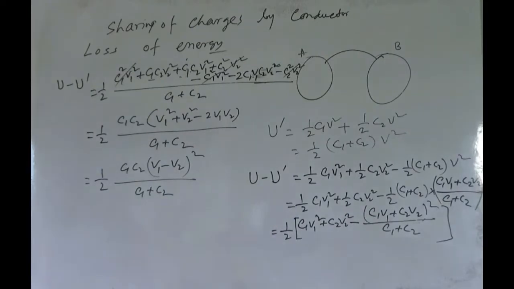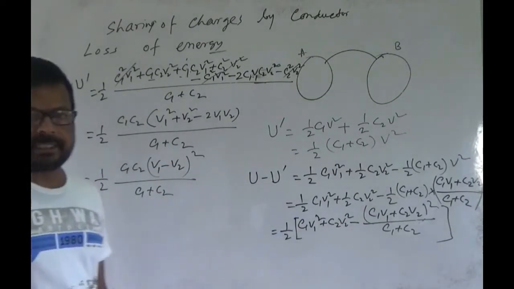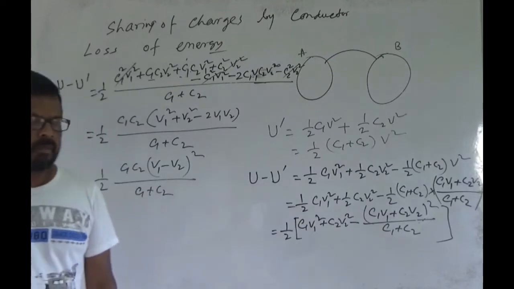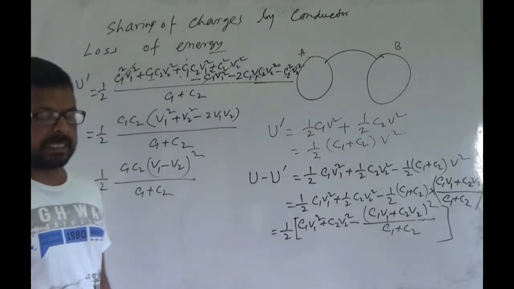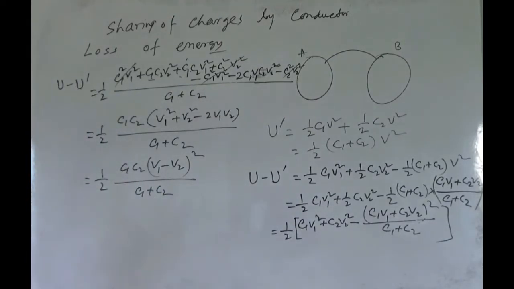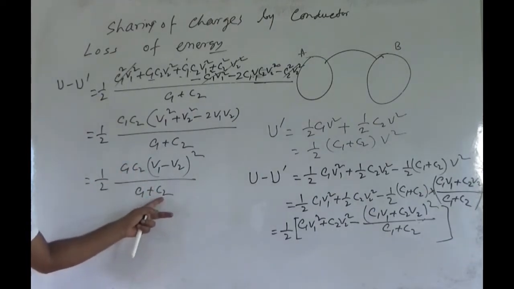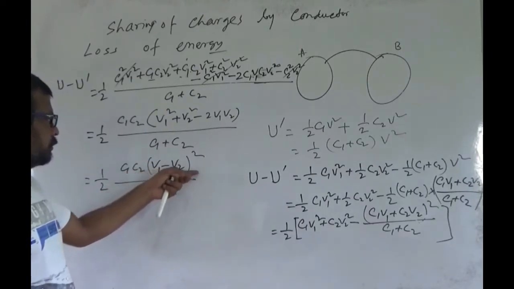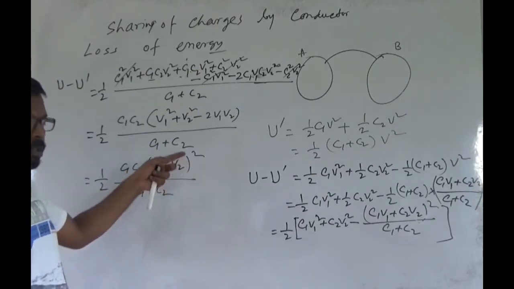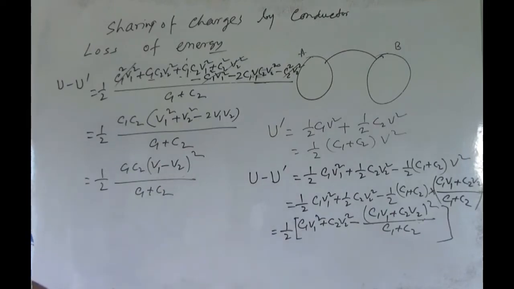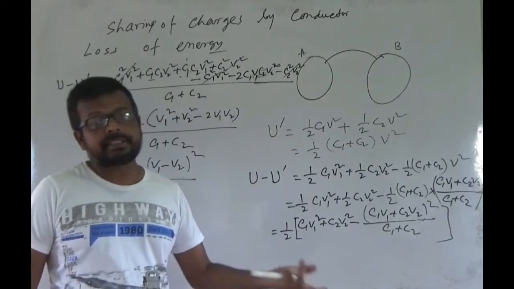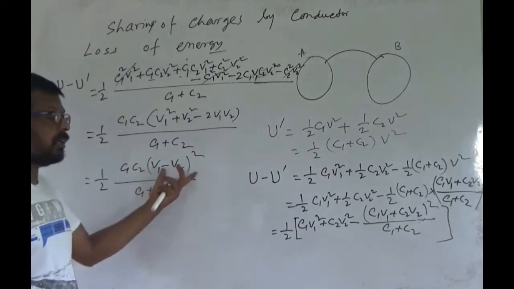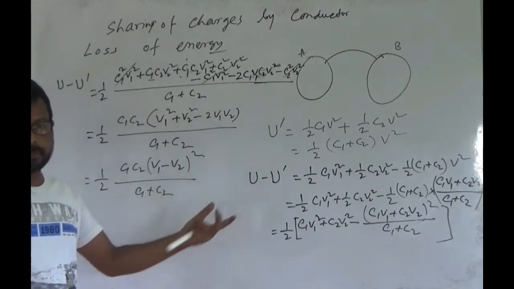Now we know that capacitance of a conductor is a positive scalar quantity. So C1, C2, C1 plus C2 all are positive, and V1 minus V2 whole square is also positive, whether V1 is greater than V2 or V2 is greater than V1.